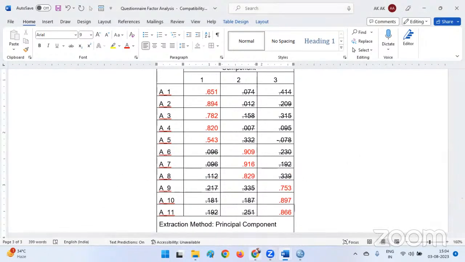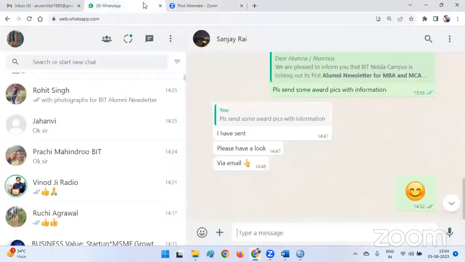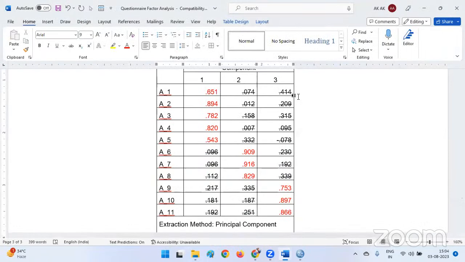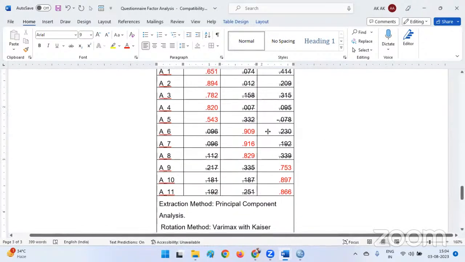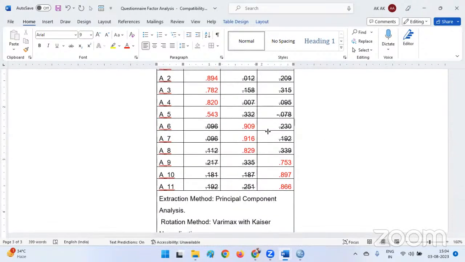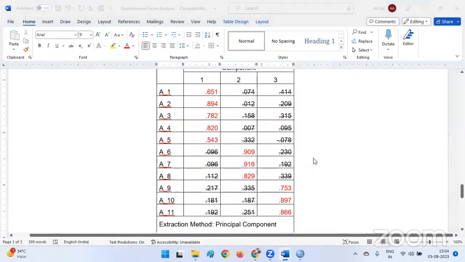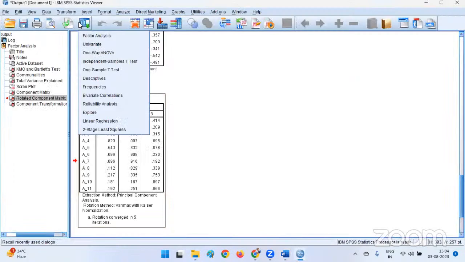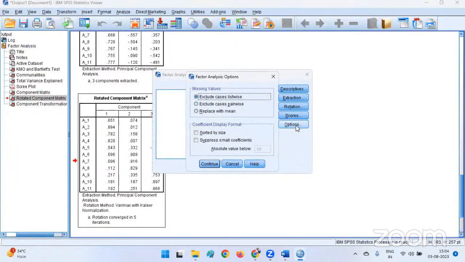So am I clear? All right. Now there is another method, not a method, just a setting in the software that I can get this result at one glance. So while applying the factor analysis, in the options tab, I click on suppress small coefficients.